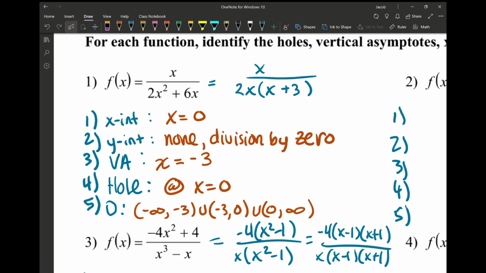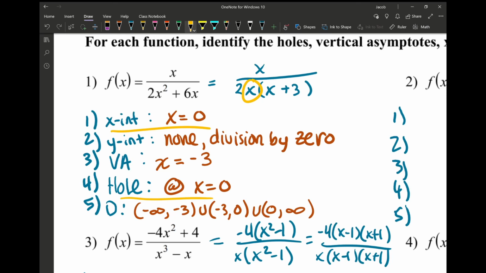Before I show you the rest of them, for the x-intercept, if we set the numerator equal to 0, we get x equals 0. But you'll notice a contradiction between the hole and the x-intercept. If we have a hole at x equals 0, which, again, means we set this x in the denominator equal to 0, then that's going to produce an undefined value.